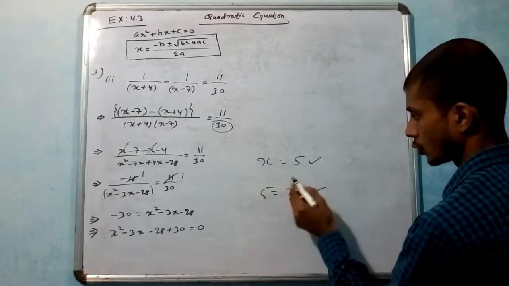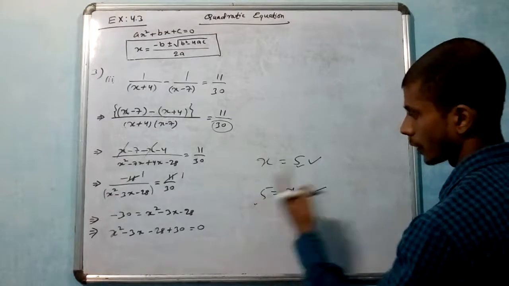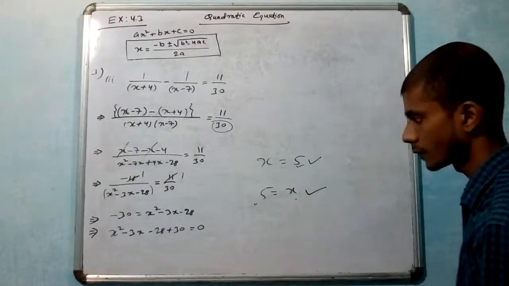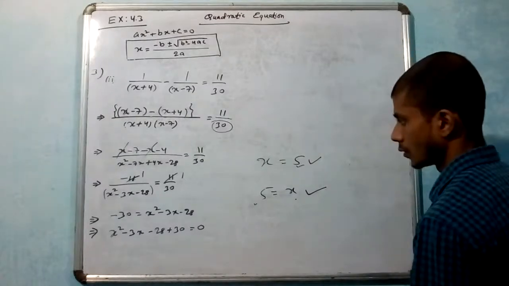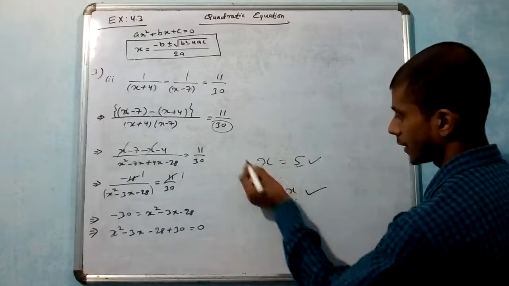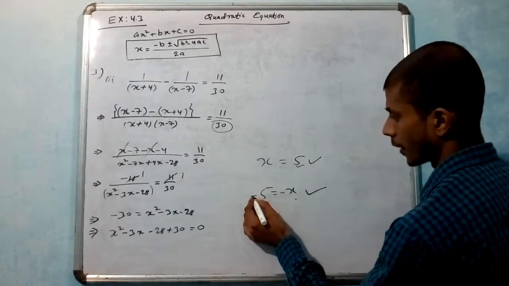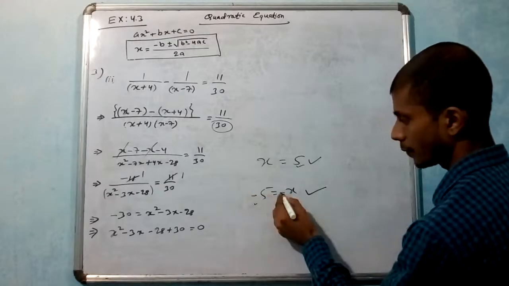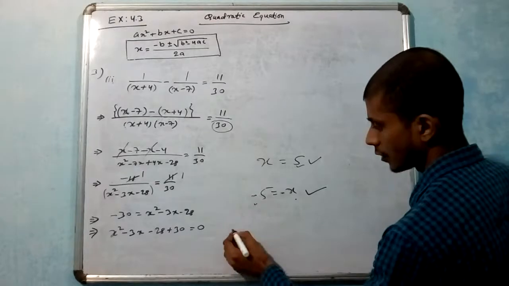Now you may ask, sir, 5 is here this side and 5 there this side, then why not minus 5? So 5 came that side, it becomes minus 5, and x came this side, it becomes minus x. Minus 5 means minus 1 into 5, minus x means minus 1 into x, and then multiplying both sides with minus 1 further.